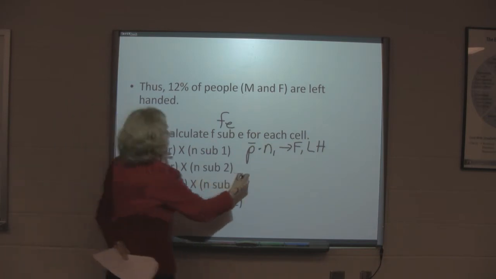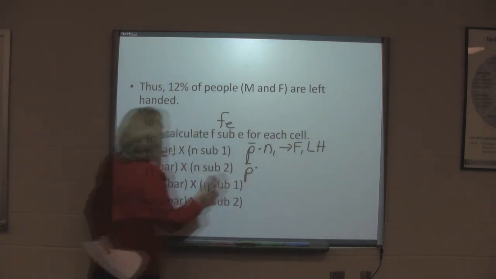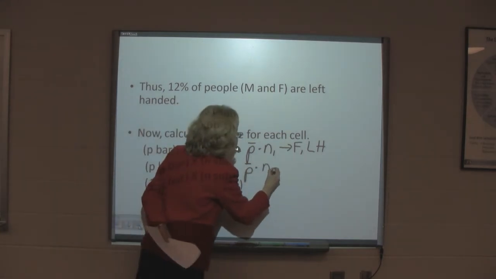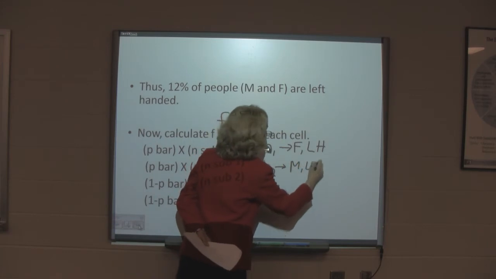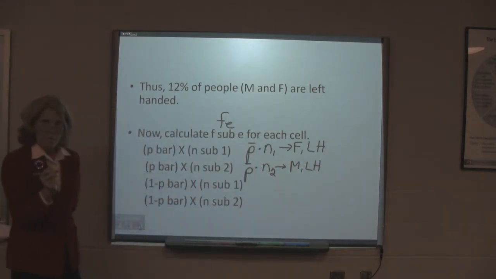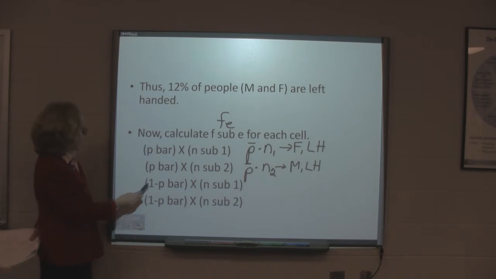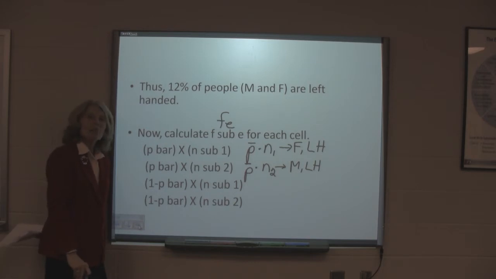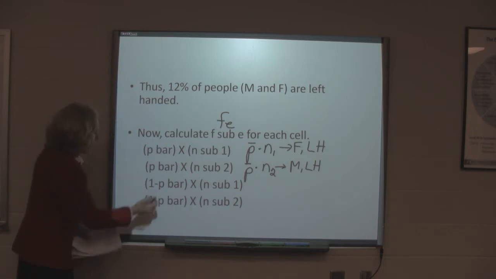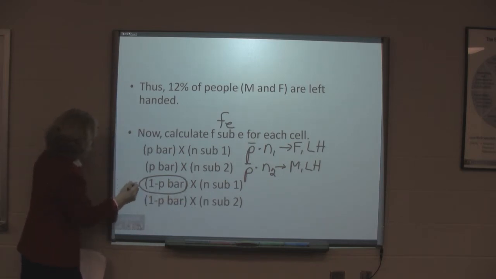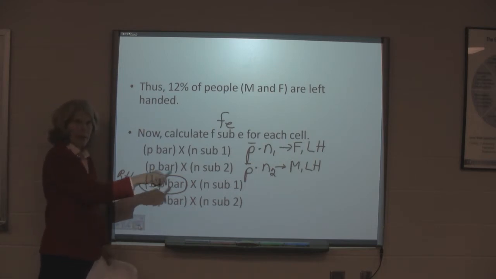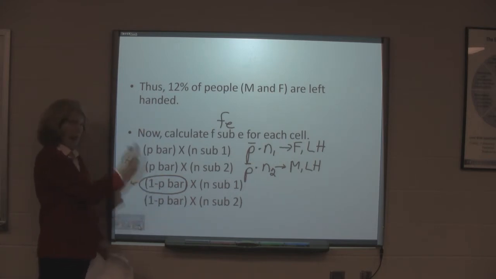P bar times N sub 2 is going to be the proportion of males who are left-handed. Then 1 minus P bar. Now, P bar is the proportion in the sample who are left-handed. 1 minus P bar will be the proportion who are right-handed. The proportion who are right-handed, not the number. The proportion who are right-handed.